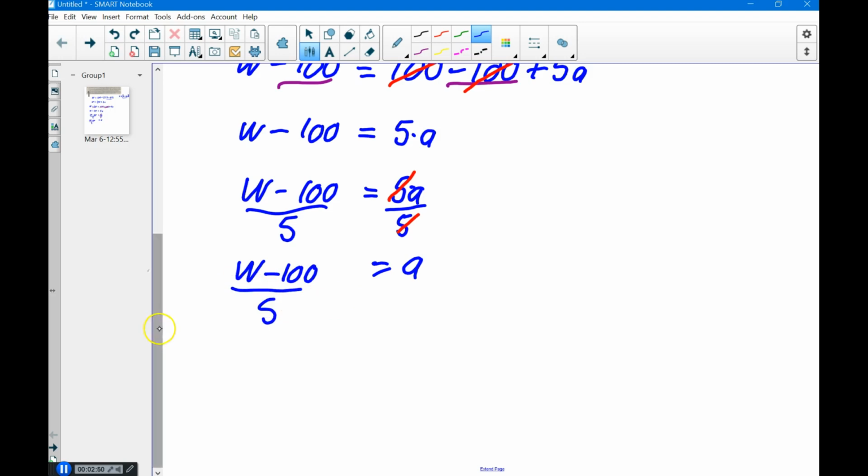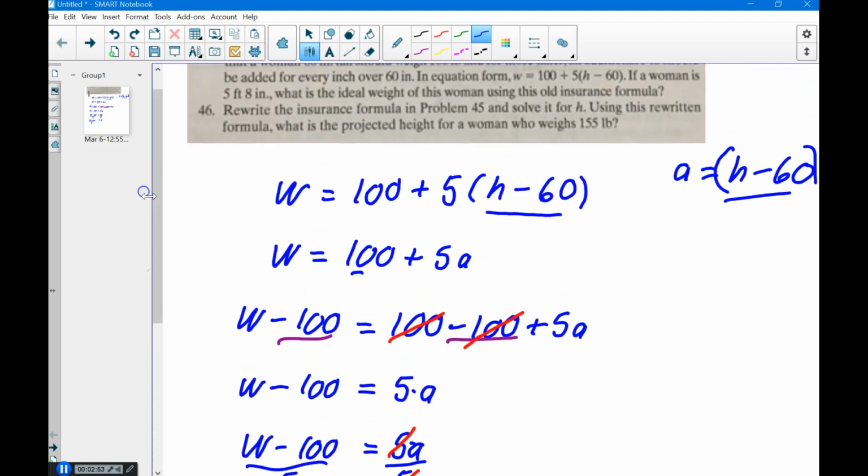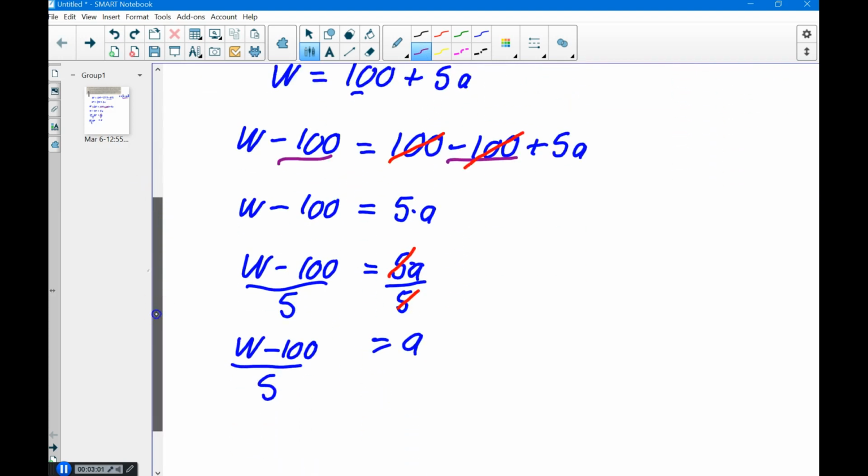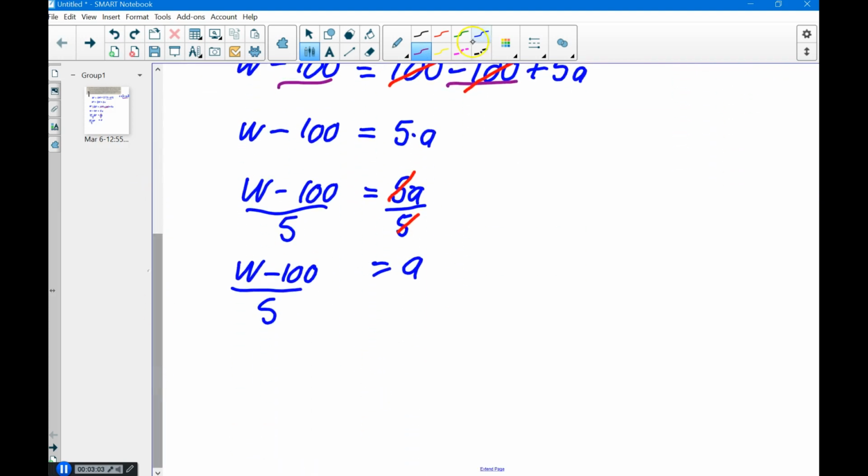Now we know that looking back up here, our A value is actually equal to H minus 60. So let's substitute it back in, and it looks like this. So now it looks like H minus 60 is equal to W minus 100 over 5.